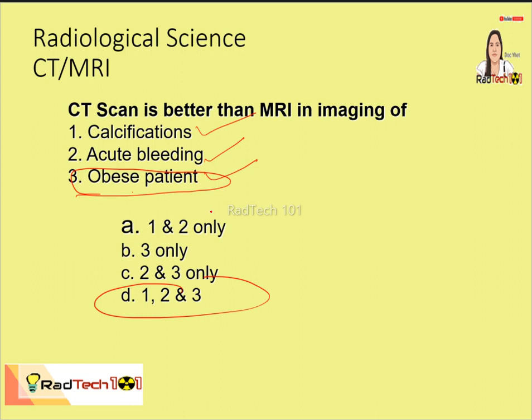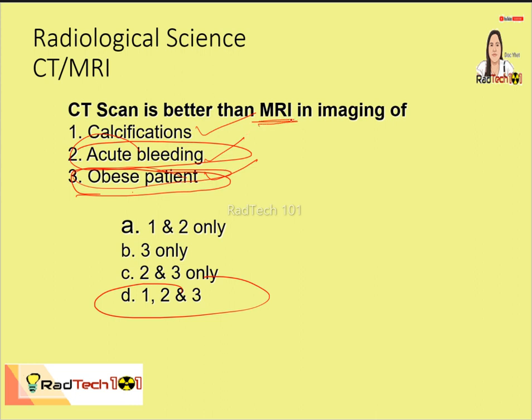So, hindi masyadong kita ang structure. Sa CT scan, so since mas penetrating yung ating x-rays, so nakikita yung structures even with obese patients. Sa acute bleeding naman, so since this is an emergency, di ba usually pag stroke patients, mas preferred ang CT scan kasi mas mabilis ang examination compared sa MRI.